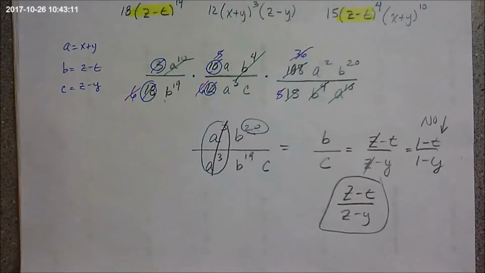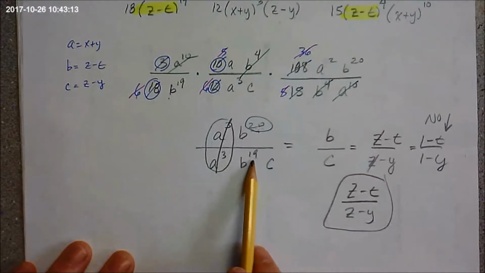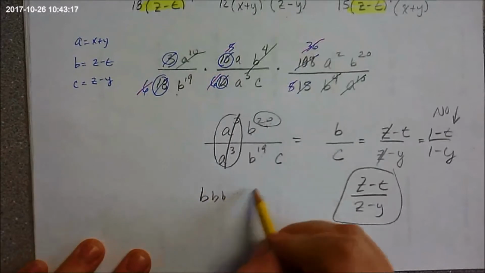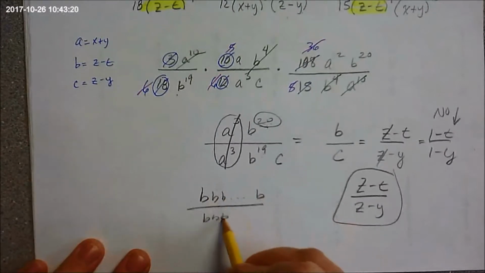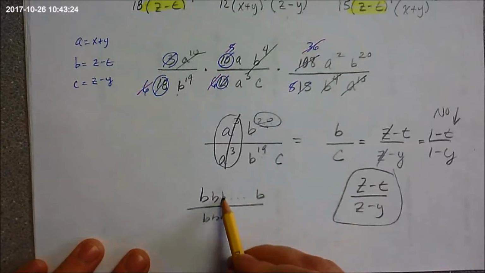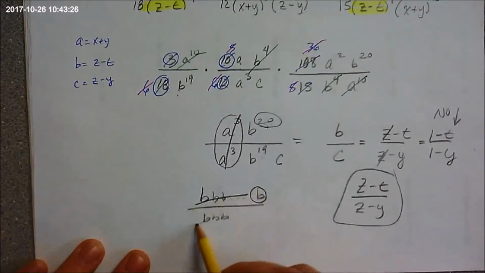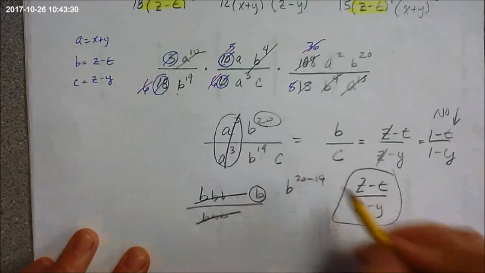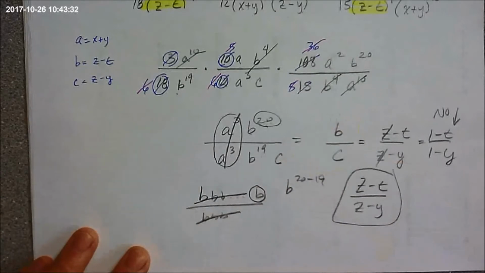And this says there would be 19 b's multiplying. So it'd be a whole bunch of b's. But this 19 is one less than 20. You have one extra left after you get done reducing all of them. The shortcut is 20 minus 19, but that's where it comes from.